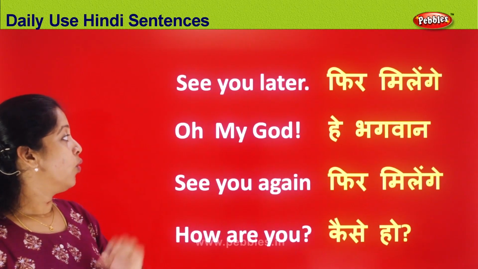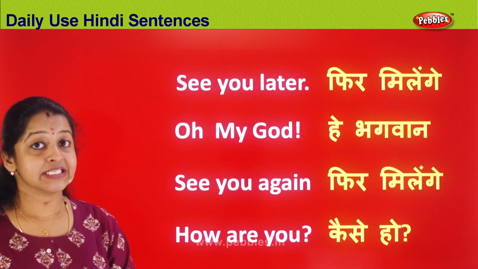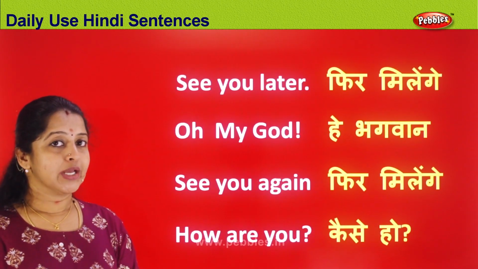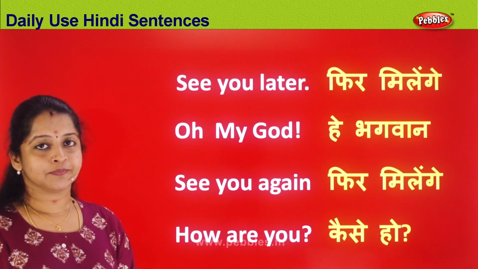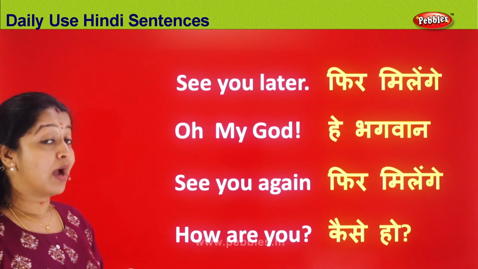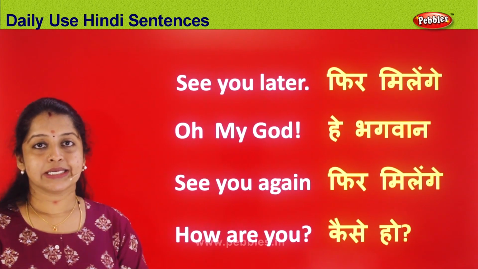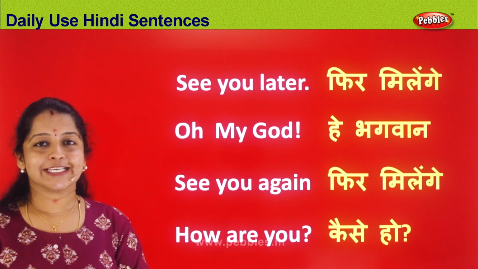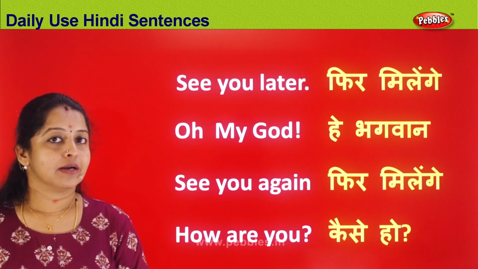Okay. Now, when I have to say oh my God, I would be saying it as Hey Bhagwan. Right? How would I say? I would say it as Hey Bhagwan. Okay, and when I have to ask someone how are you, I would be asking it as kaise ho. So hope you found these instructions quite easy and informative to learn and practice.